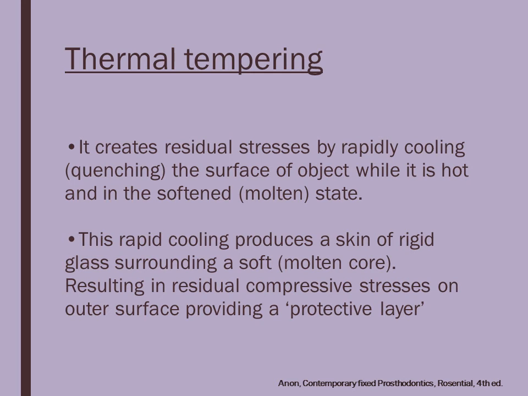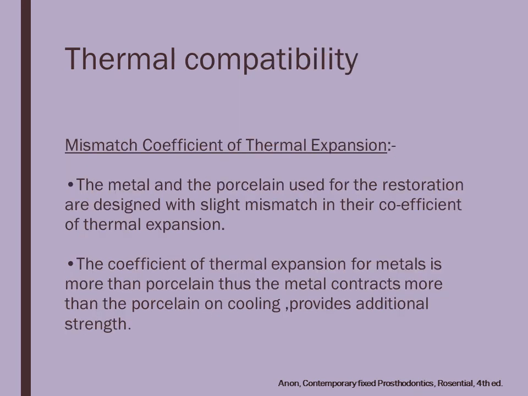So the inner layer, which is basically molten, when it undergoes sudden cooling or quenching, the outer layer becomes rigid and gets sucked in and forms residual compressive stresses, and this surface as a result provides a protective layer or a stronger layer, and this is known as thermal tempering.